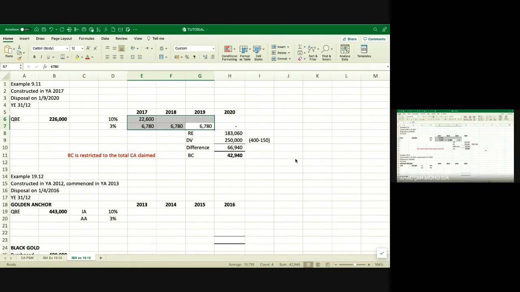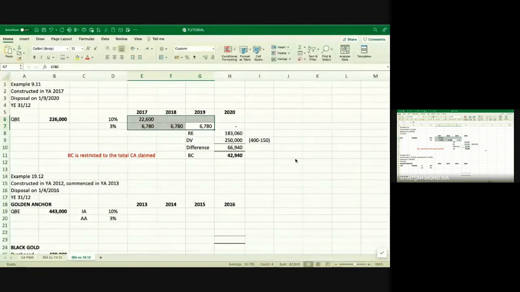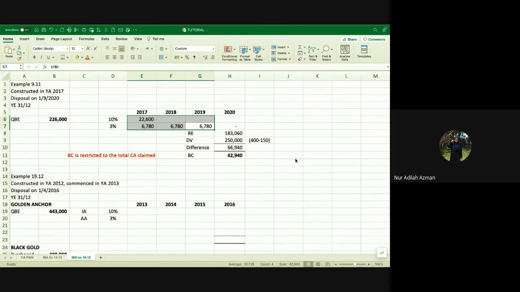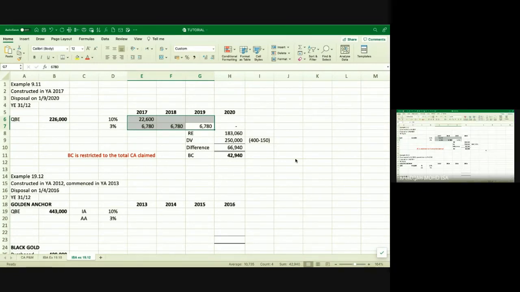Explain. Because the taxable income would be lower. Yes, because a balancing charge is something which is taxed, which is a charge. So you have to pay tax on that balancing charge. Paying on a balancing charge of 42 is better than paying tax on the 66,000.